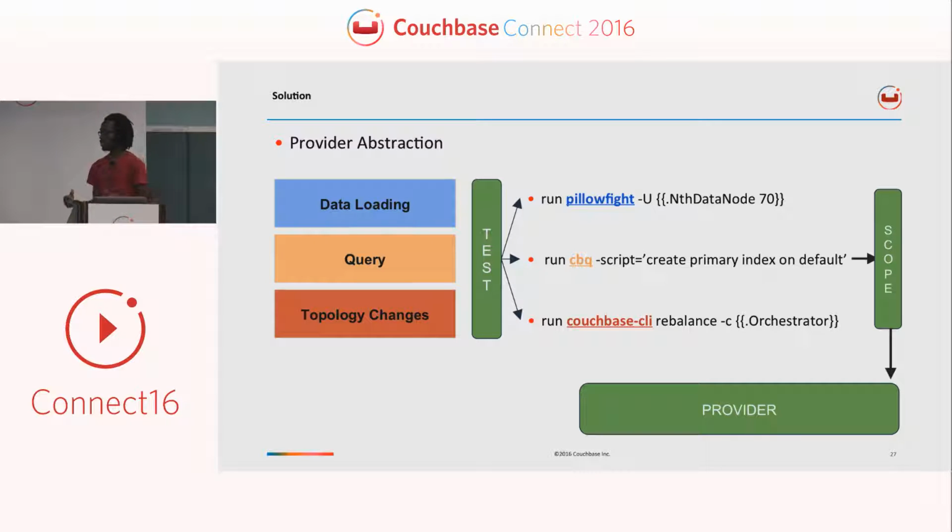So this thing starts containers and it just spits out the IP addresses to the scope, whatever the data node is, orchestrator. So at this point, the only thing you would need to do to run massively scalable tests is to point it to a Docker engine and say, that's my provider, and run these tests.